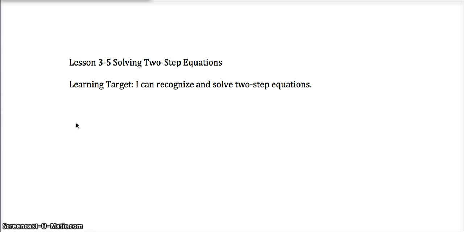Now some of you may not even know that what we've been doing in the past have been called one-step equations, like 3x equals 18.